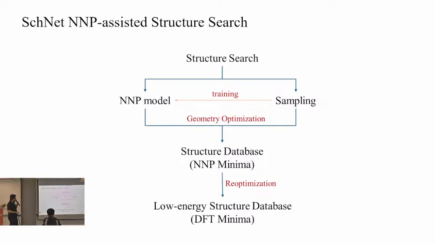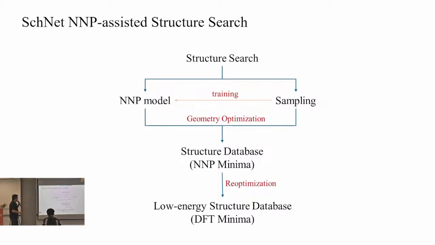We get our model here, and then this model now will be used for geometry optimization of the samples that we got from this part here, and then we will accumulate all those local minima at the NNP. So you can think of NNP as just similar to a DFT, right? NNP is just DFT that is not really DFT, if you get what I mean.